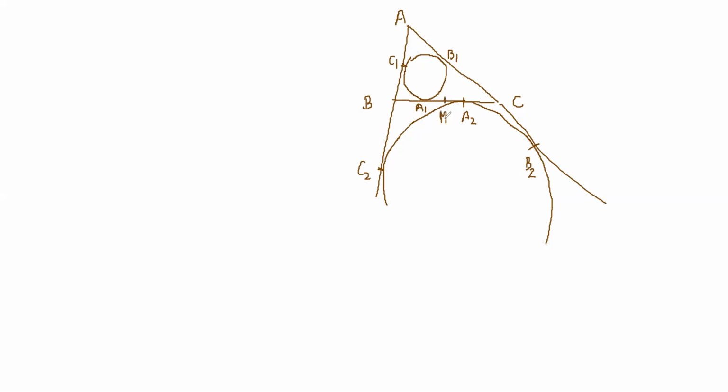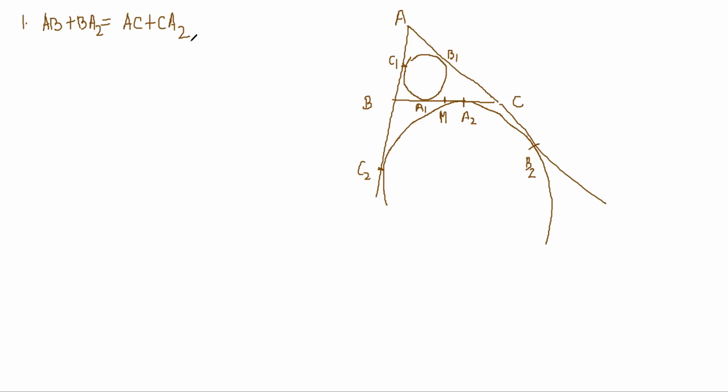M is the midpoint of BC. So what you have to prove is first AB plus BA2 is equal to AC plus CA1.